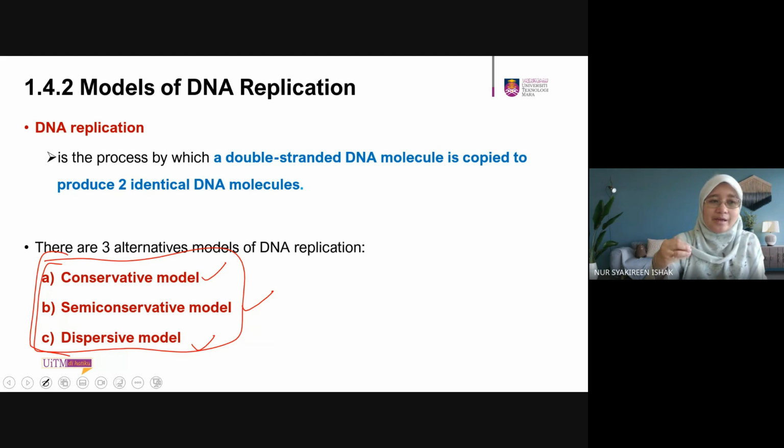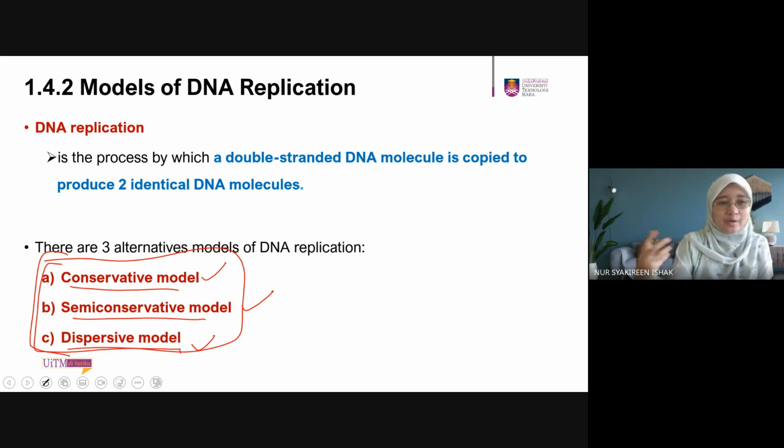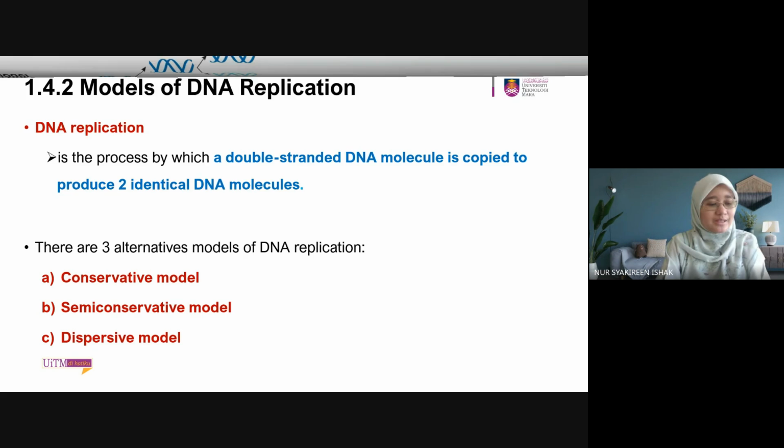Does DNA replication occur according to the conservative model, the semi-conservative model, or the dispersive model? Which one? For each model, you have to understand the rules. They state apa. Conservative model, semi-conservative, and also dispersive.